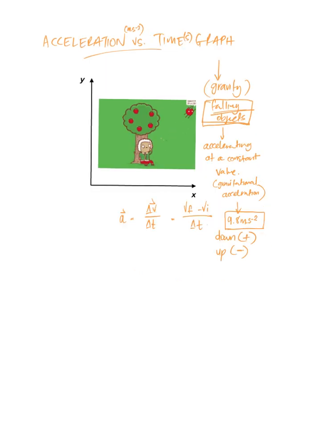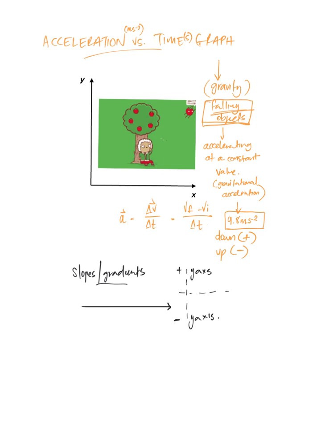Right, with the acceleration time graph, in terms of your slopes or your gradients, they can do one of three things. The first type of gradient that you're going to get is what we call a flat gradient. Now that flat gradient can either be on the positive y-axis, or it can be on the negative y-axis.